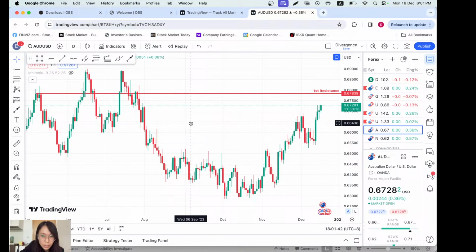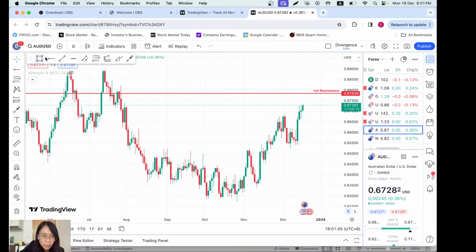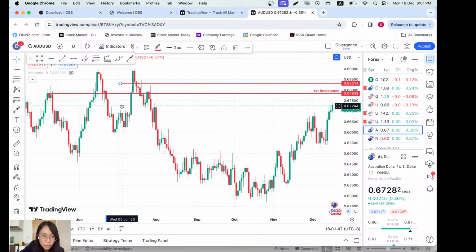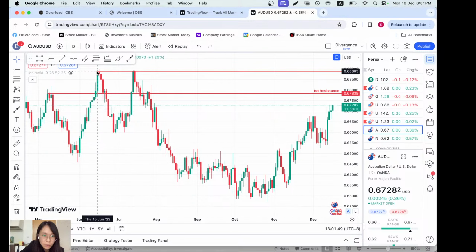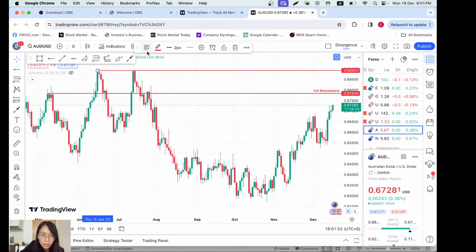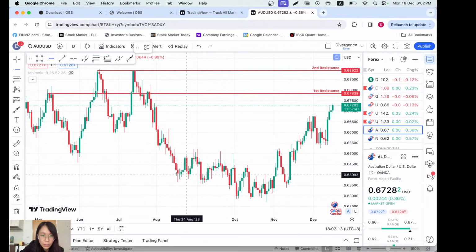This can be my first resistance, and for the next, I'll be using this. The support level is here.